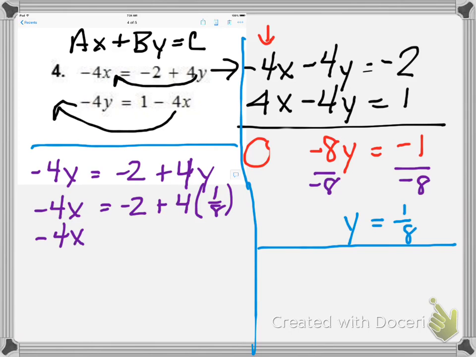So negative 4x equals negative 2 plus 1/2. So it feels like you're going to keep writing a bunch. Now, negative 2 plus 1/2, if you're going to use a calculator, that's great. It's going to leave you with a negative 1 1/2. And since we're going to be using fractions, I'm going to leave it as a negative 3/2.